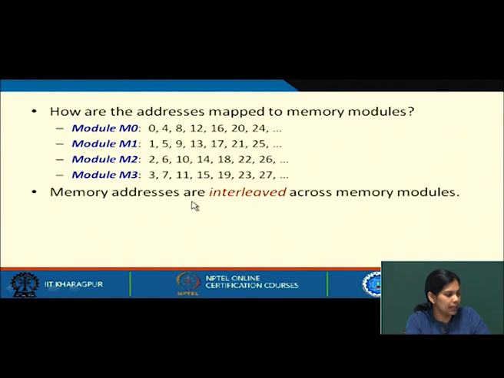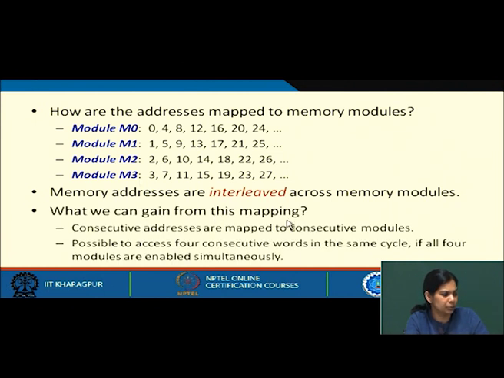The memory addresses are interleaved across the modules, meaning the first address of the memory is in module 0, the next address in the next module, the next address in the next module, and so on. We call this interleaved: the memory addresses are interleaved across the memory modules.